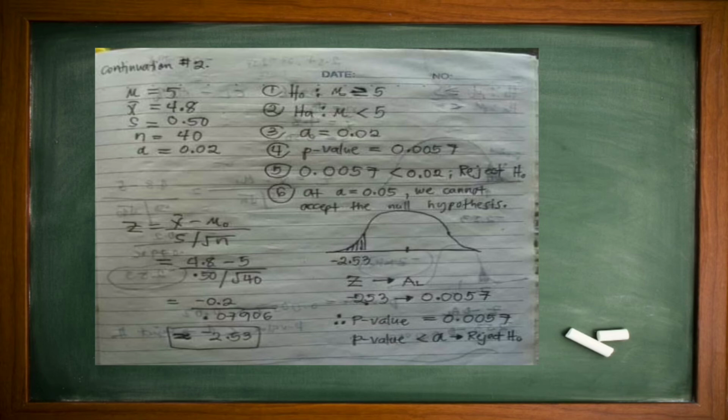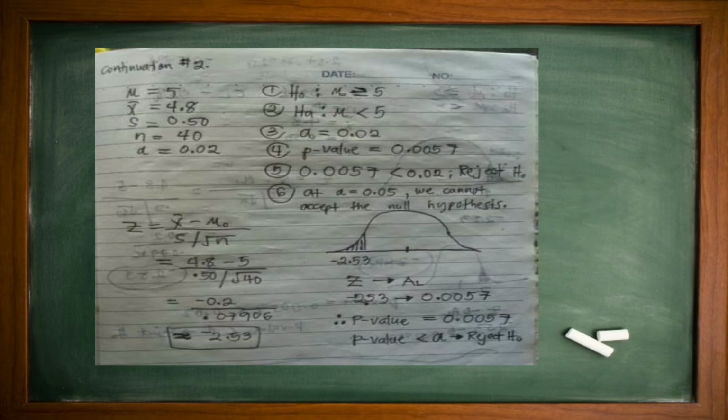So dito po, we use the normal distribution. Why? Because our sample size, or n, is greater than 30. So ayan po, z is equal to the mean minus the population mean over s divided by the square root of n. So substitute lang po natin, 4.8 minus 5 over 0.50 divided by the square root of 40.